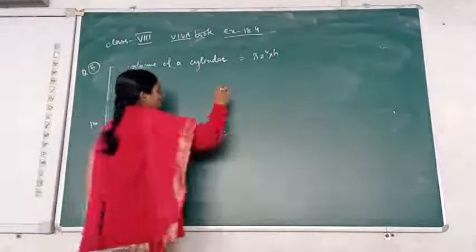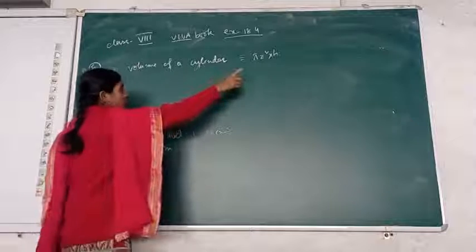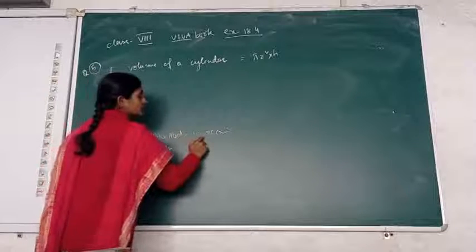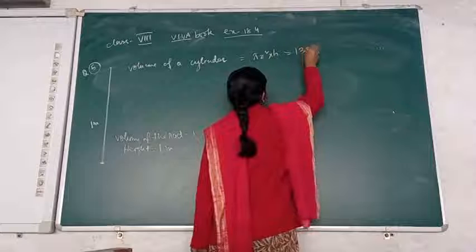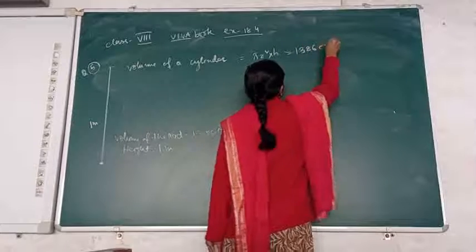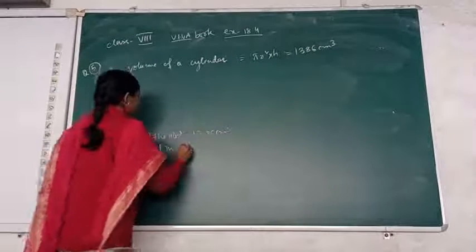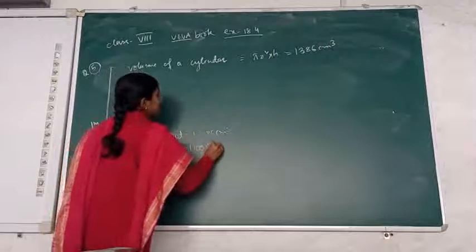So here pi r square h is equal to 1386 centimeter cube, whereas the height is equal to 100 centimeter.